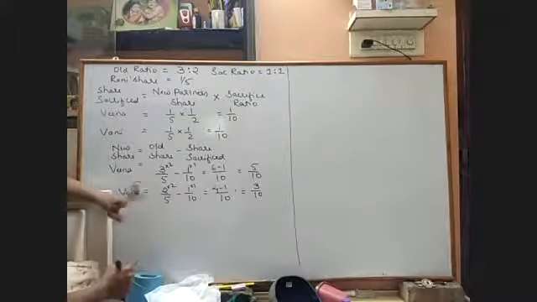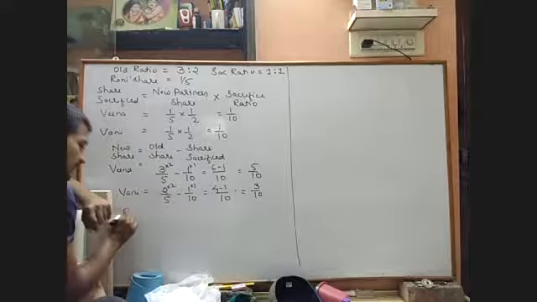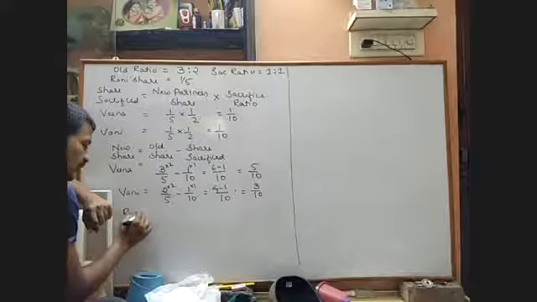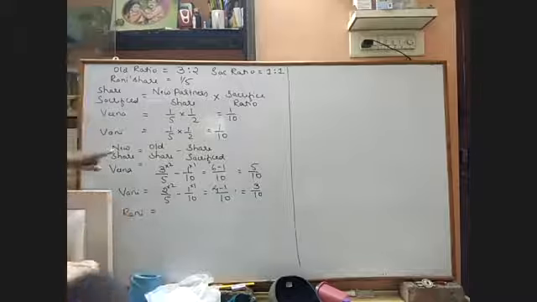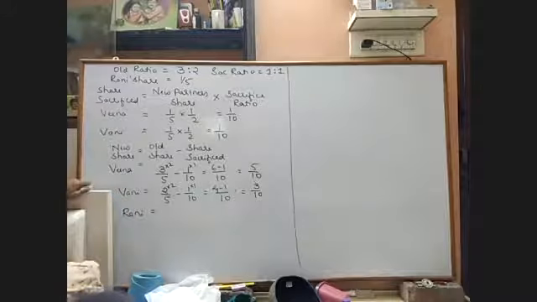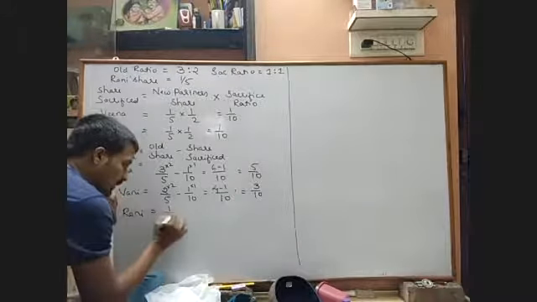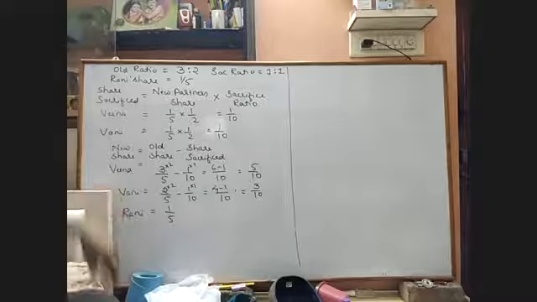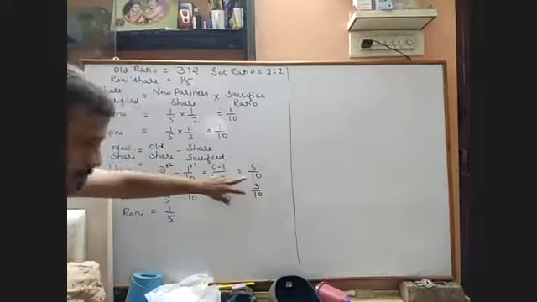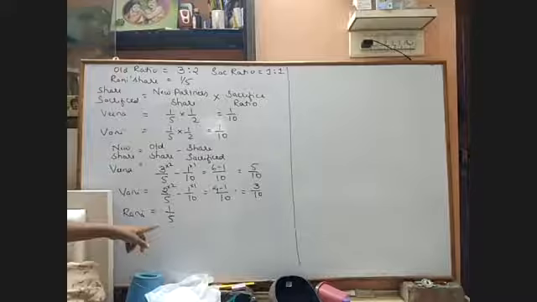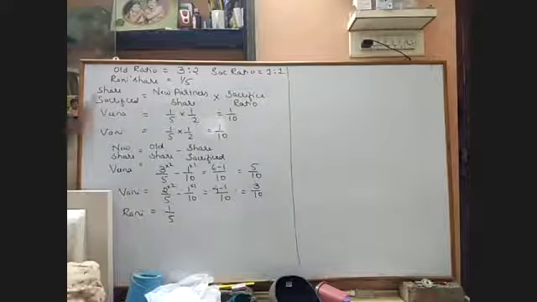And last, you need to remember Rani. For Rani, no need to ascertain the new share, because her new share is already given in the problem, that is 1 by 5. But the problem with 1 by 5 is that the other two denominators are 10, while this denominator is 5. In order to calculate the ratio, we need to have the same denominator.